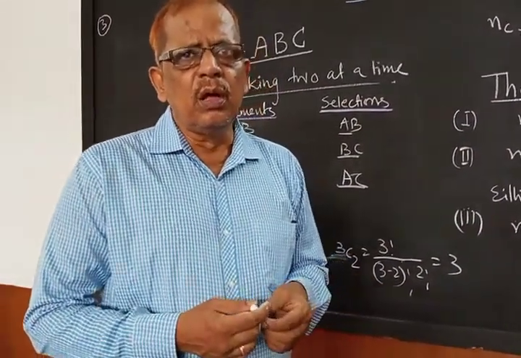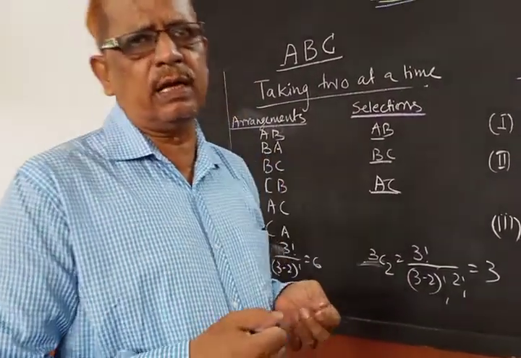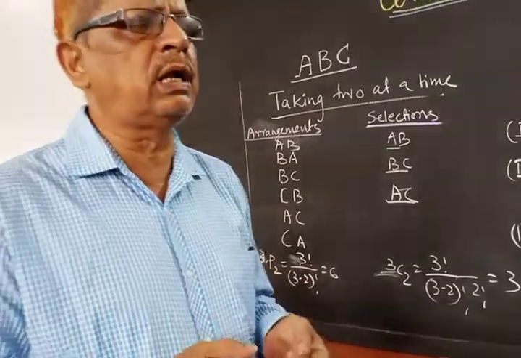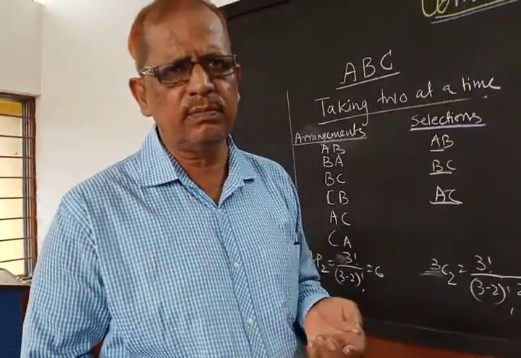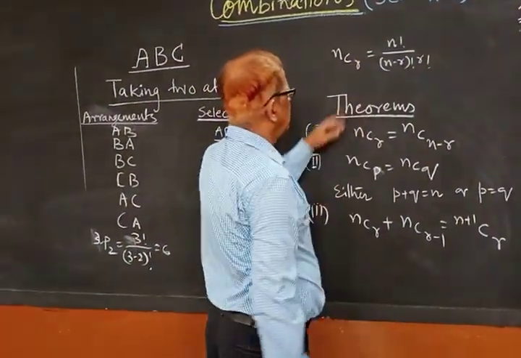Selection of 2 players like Dhoni and Raina: we select Dhoni and Raina in the team or Raina and Dhoni, the meaning is the same. So what is the formula?